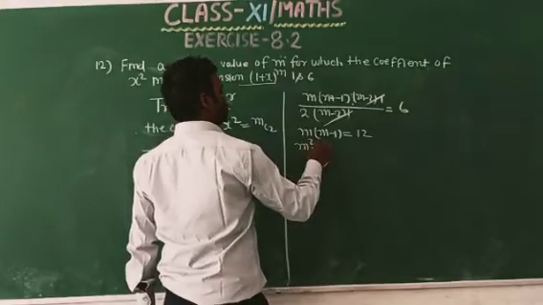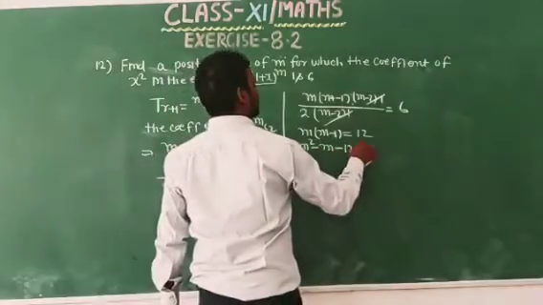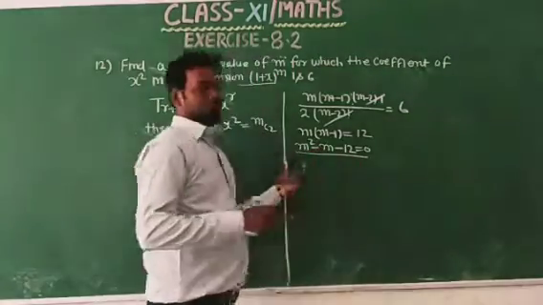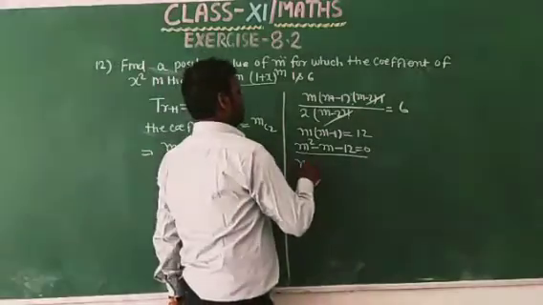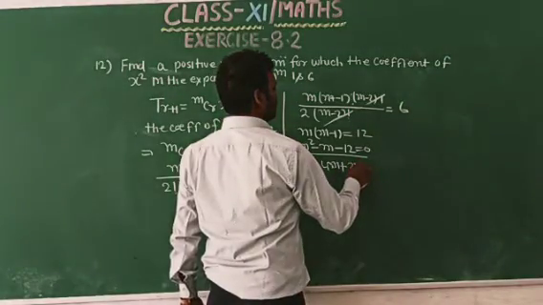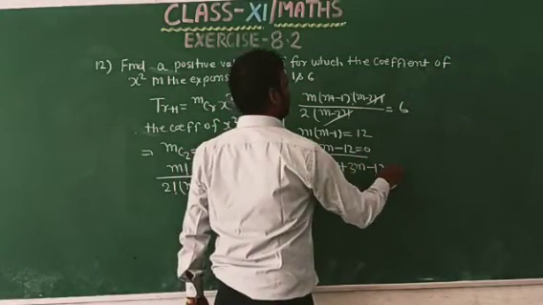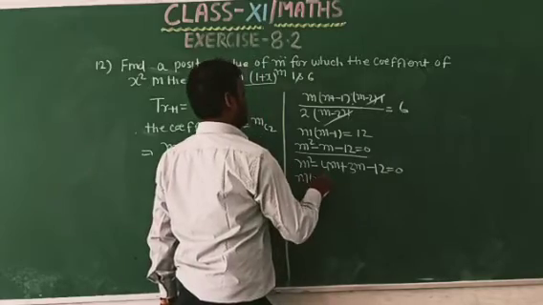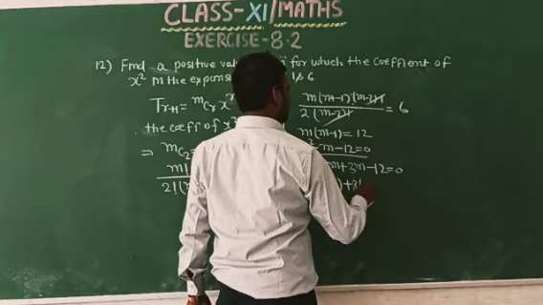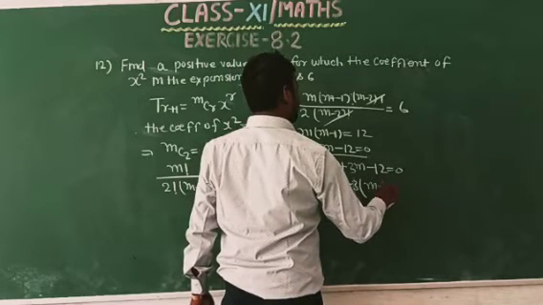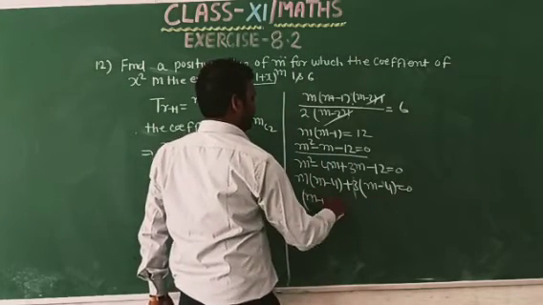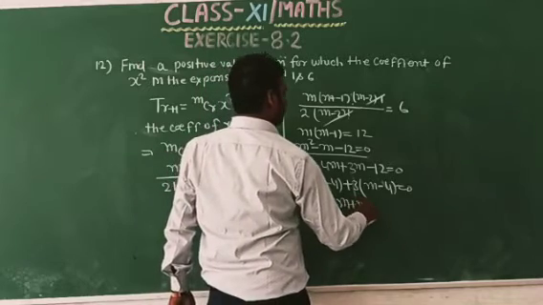So this is m square minus m minus 12 equal to 0. Now simplify. This is a quadratic equation. m square minus 4m plus 3m minus 12 equal to 0. So m(m minus 4) plus 3(m minus 4) equal to 0, so (m minus 4)(m plus 3) equal to 0.